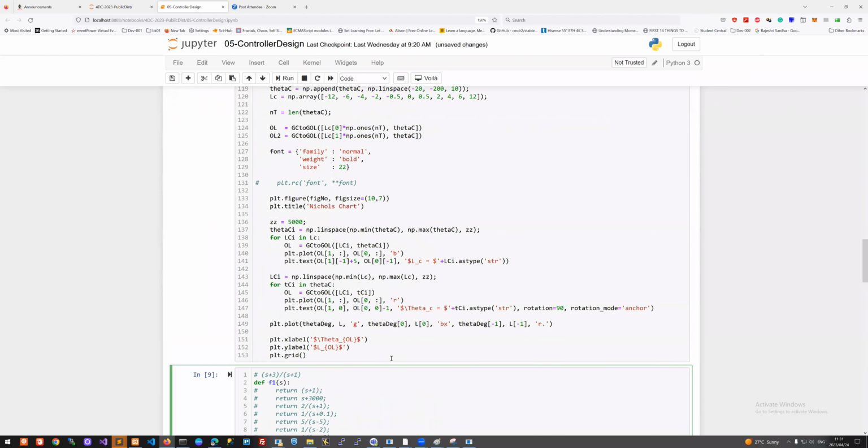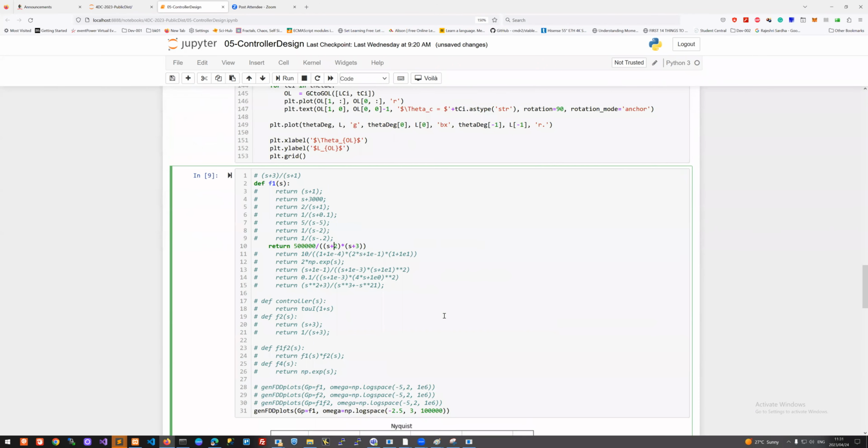In fact, let's change this a bit. Let's make this 10. And let's make this s/10. Let's just say 5.